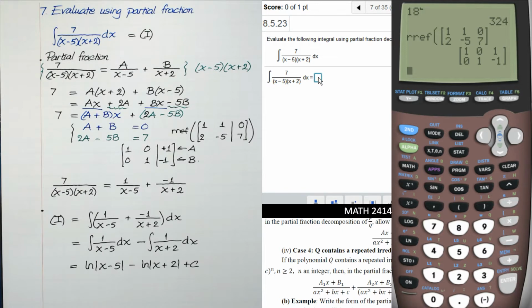There's maybe a different way to type this, but ln, the absolute values, make sure you enter the bar, or just click this button here. Ln of x minus 5 minus ln of x plus 2 plus c. That's good.